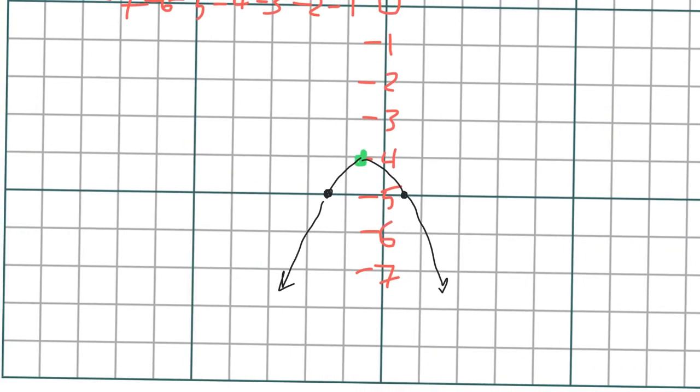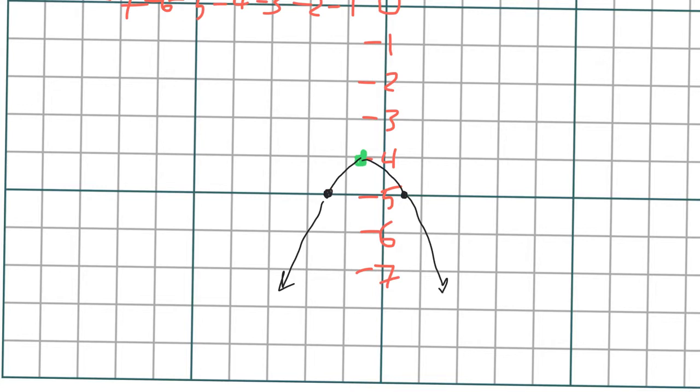Under a normal parabola scenario, from the vertex all the way to the first point would be one single unit over here. And from the vertex to the first point in this direction would be one single unit down. So that's why I have this in the half and this in the half as well. A halfway marker right there.